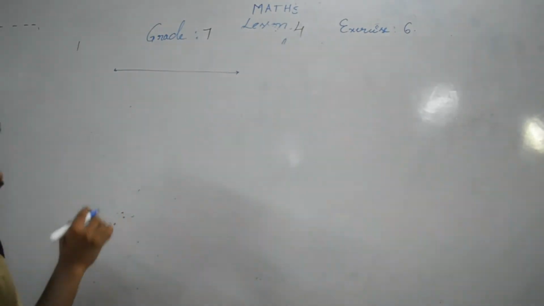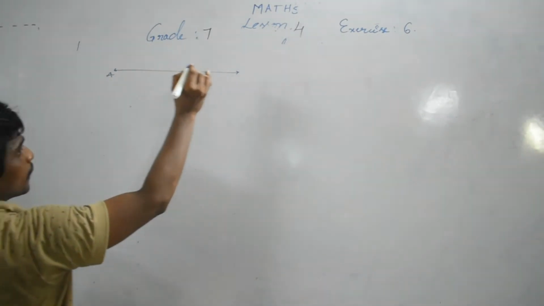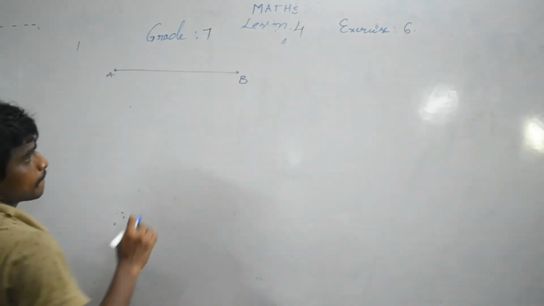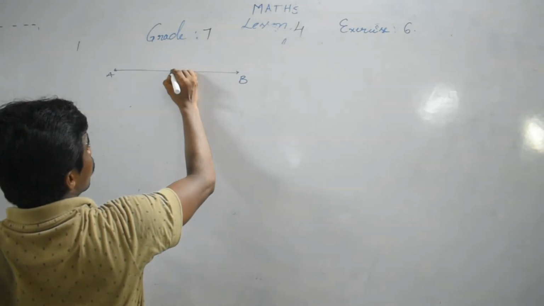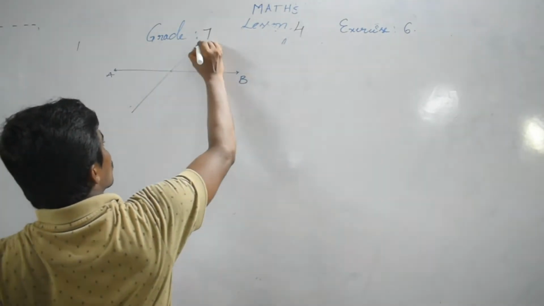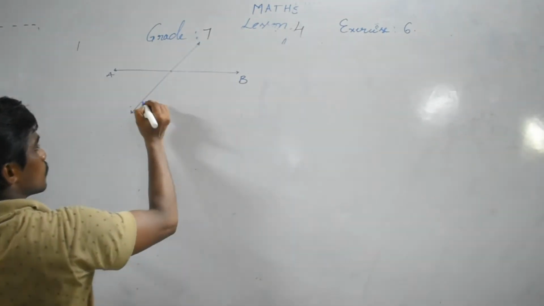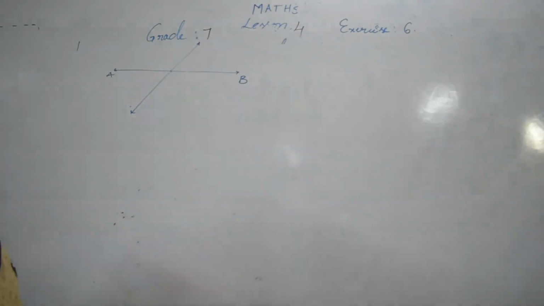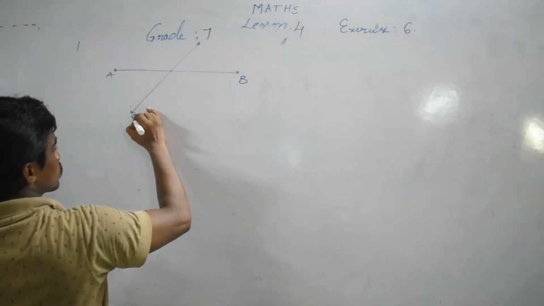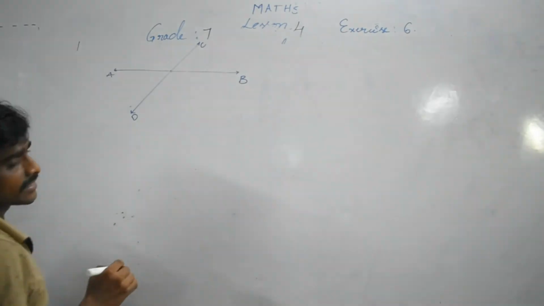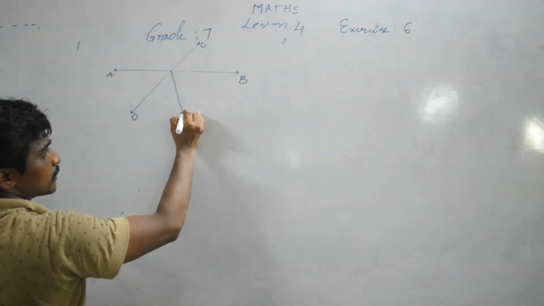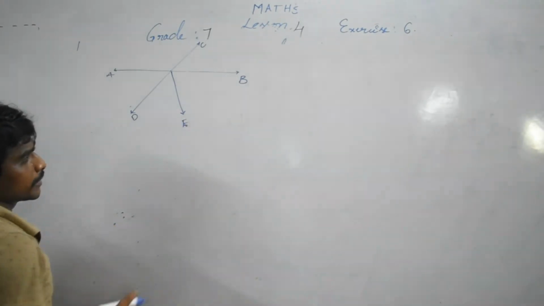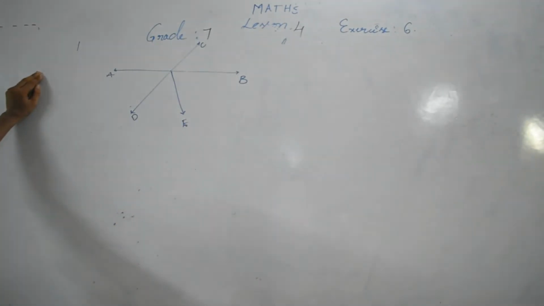A and B, D and C, and this is E. So here opposite angles.